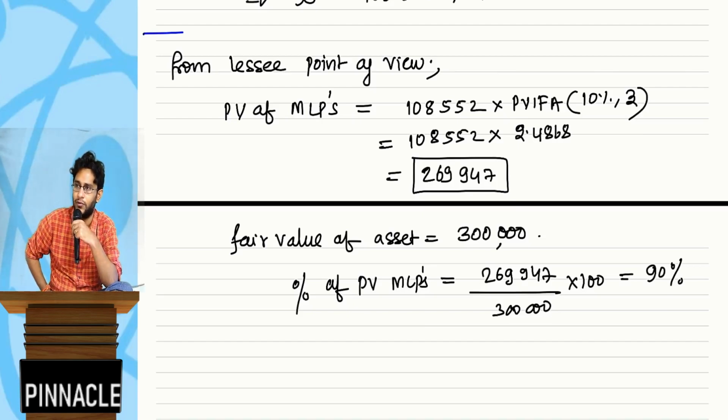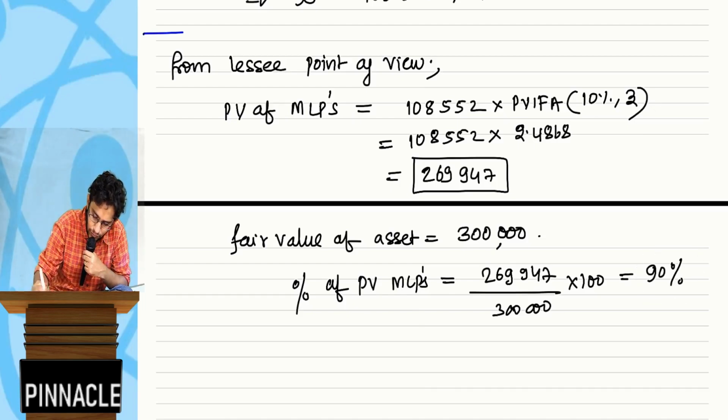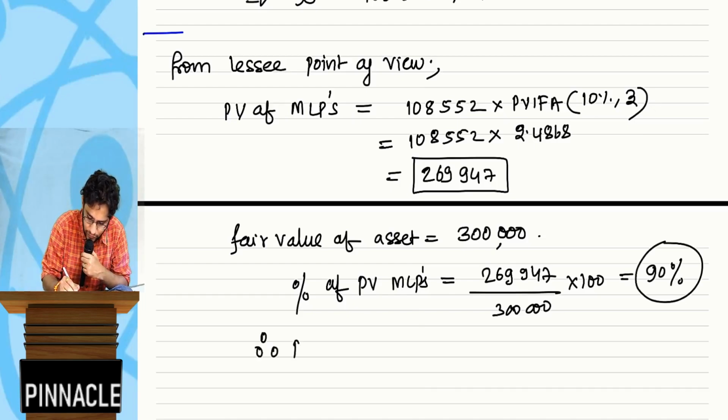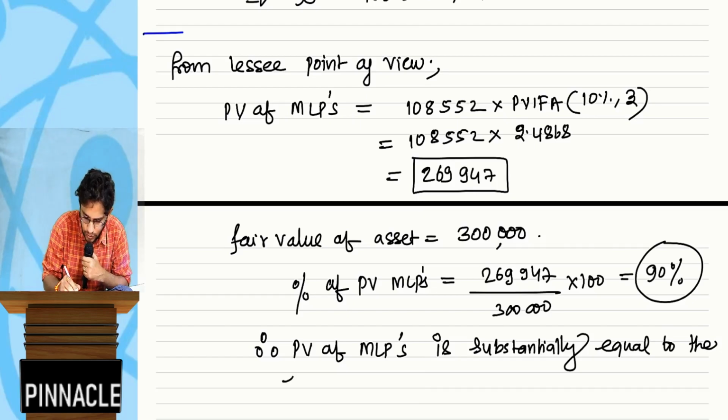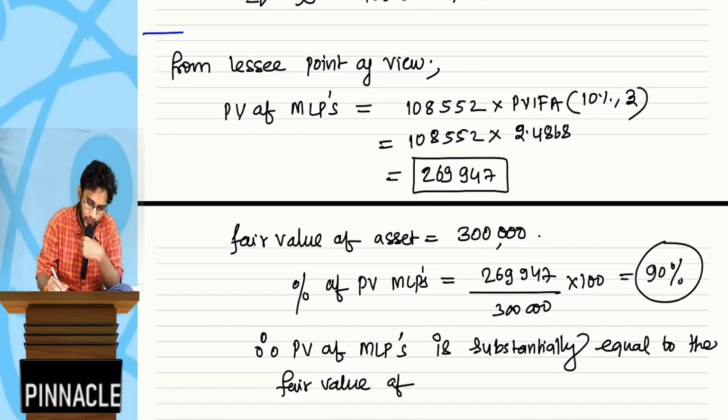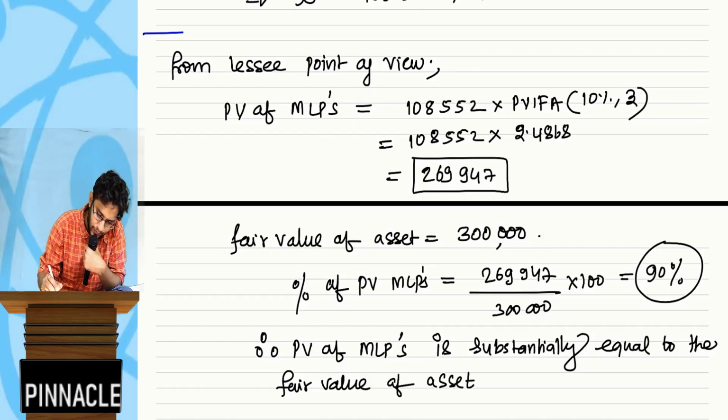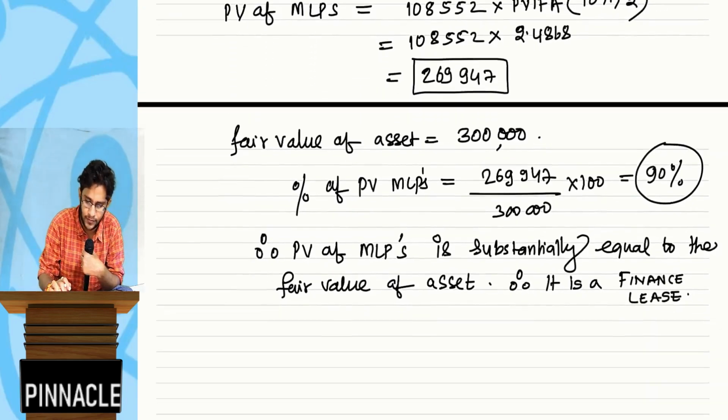Is it substantially equal now? Yes. Therefore, PV of MLPs is substantially equal to the fair value of asset. Therefore, it is a finance lease.